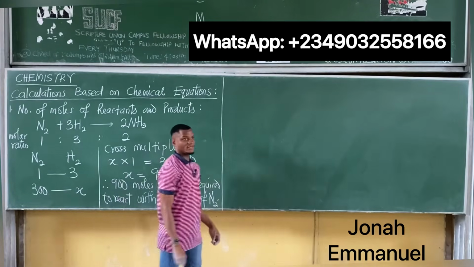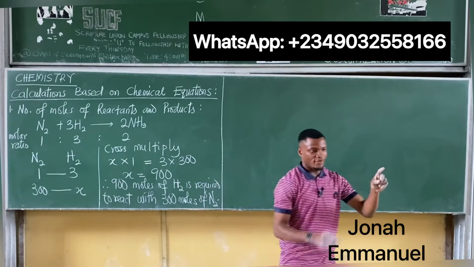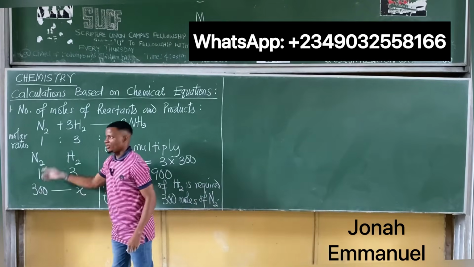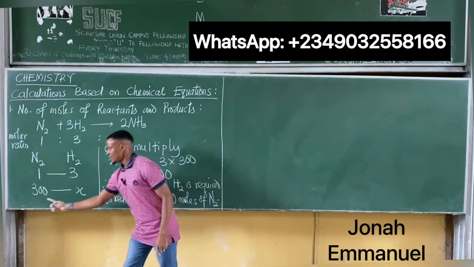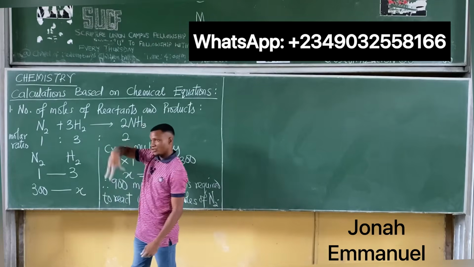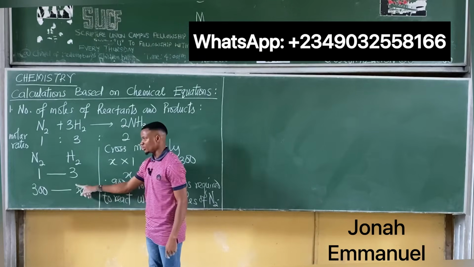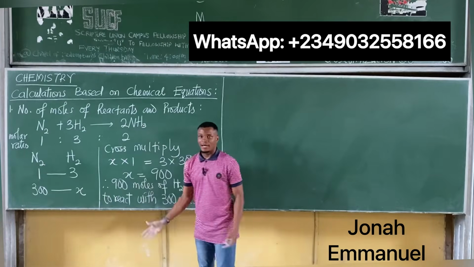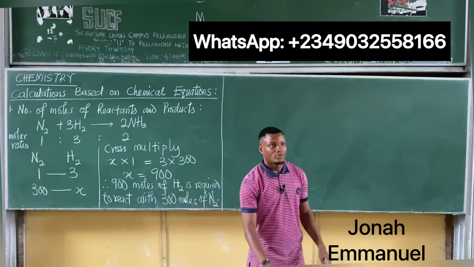It is this simple, please. In all of these, they'll give you 2. Pick out those 2. The first line of the equation will be from the balanced reaction. The second one will now be from the question. They said how many moles of hydrogen will react with 300 of this? So cross multiply and get X. It's simple.